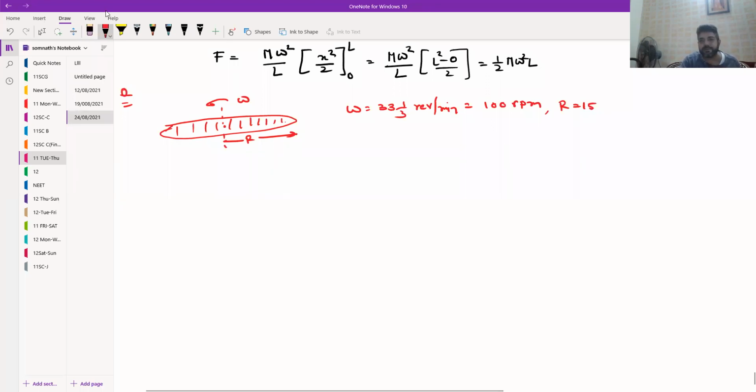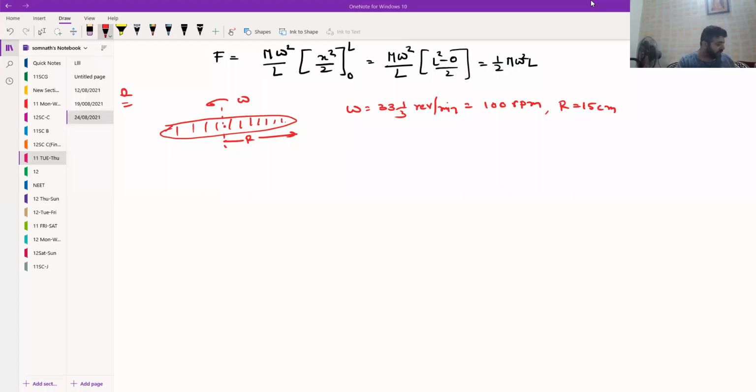Two coins are placed at 4 centimeter and 14 centimeter away from the center of the record. If the coefficient of friction between the coin and the record is 0.15, which of the coins will revolve with the record?